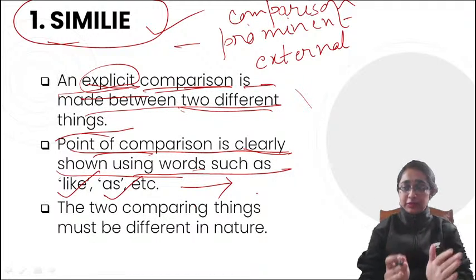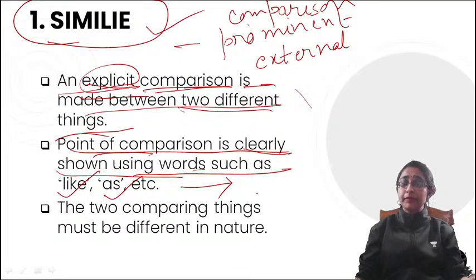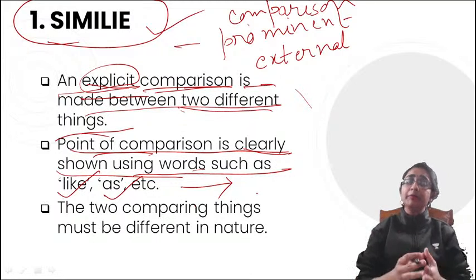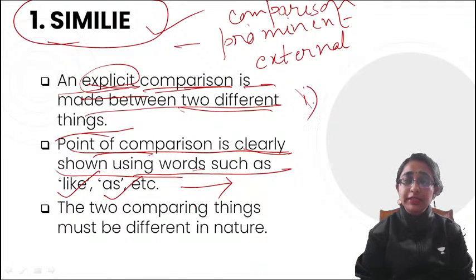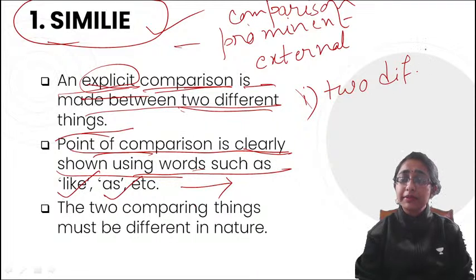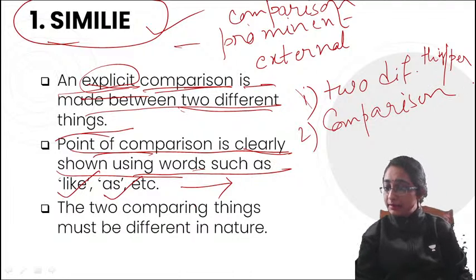In simile, first of all, there are two different objects or two different persons. A comparison is made between the two. So the first feature is that there will be two different things, objects or persons. The second important thing is that a comparison is there.